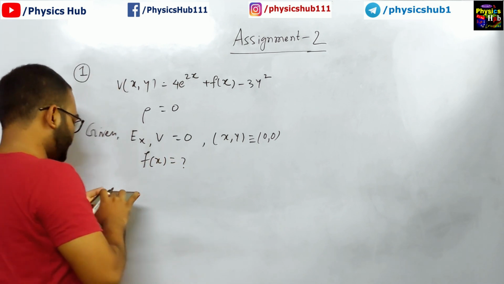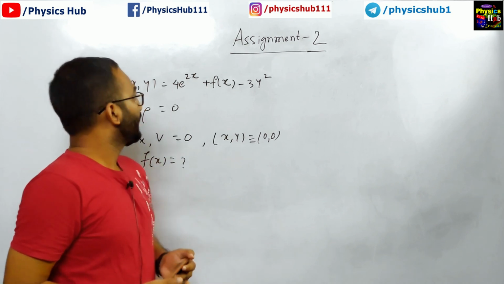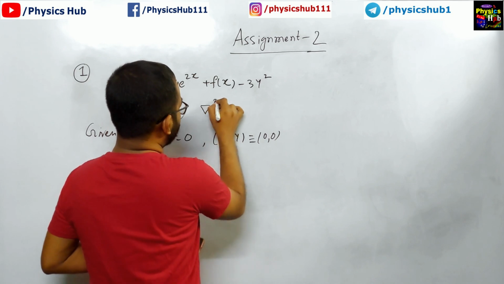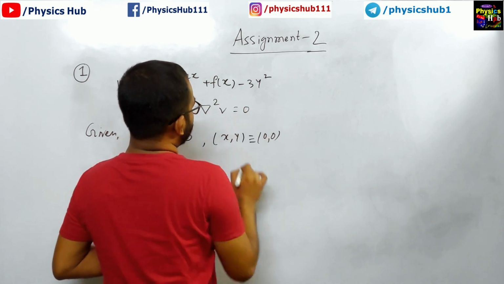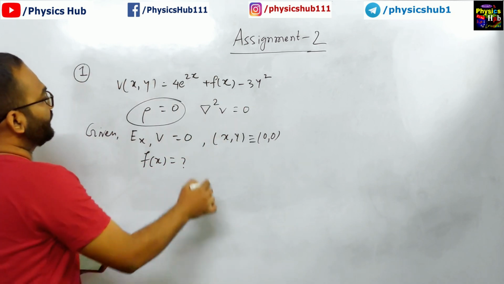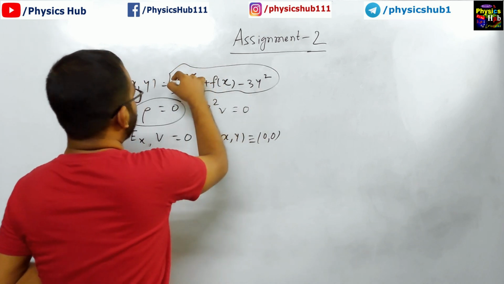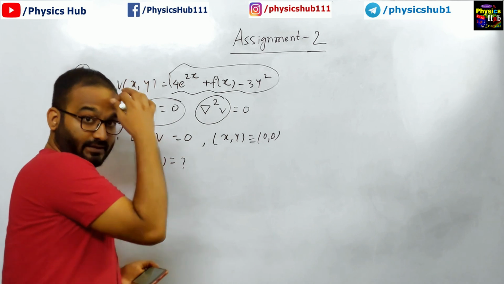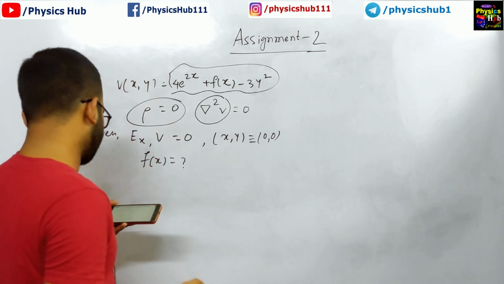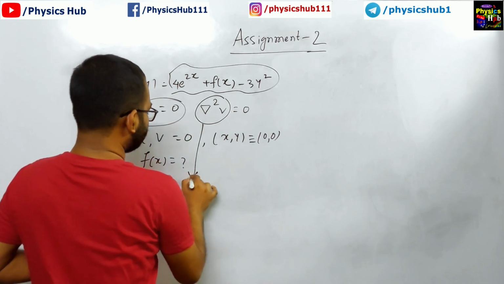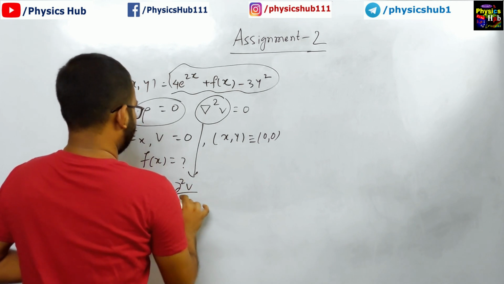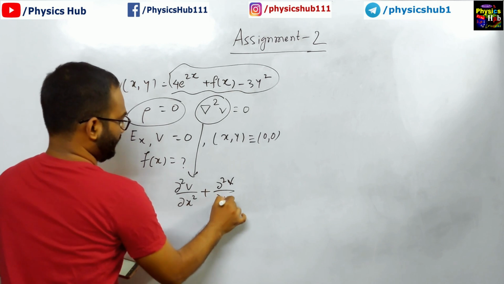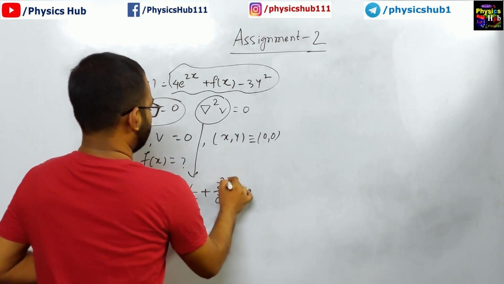How can you solve this problem? This is very easy. As the charge density is 0, we can use the Laplace equation, grad square V equals 0. It is given in Cartesian coordinates x and y, so we can express grad square V as del square V by del x square plus del square V by del y square equals 0.